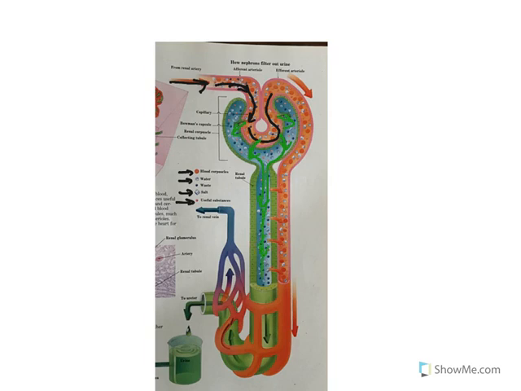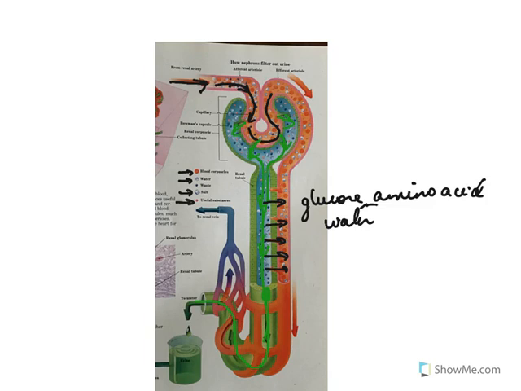As they move into this tubule, many of the good substances are absorbed back again into the blood: glucose, amino acids, a large amount of water. And whatever is not needed is wasted, goes into the collecting tubule, and then it forms urine. This is the urine.